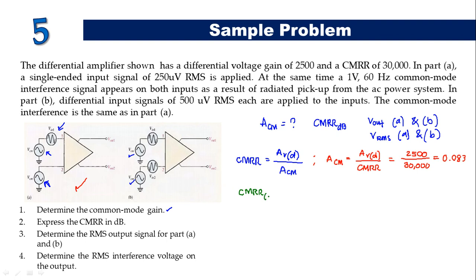So, ito medyo madali lang to kasi kukunin lang natin yung 20 logarithm, di ba? 20 log of 30,000, it is equal to 89.5 decibels. Right? So, third, we are to find yung output, ba?